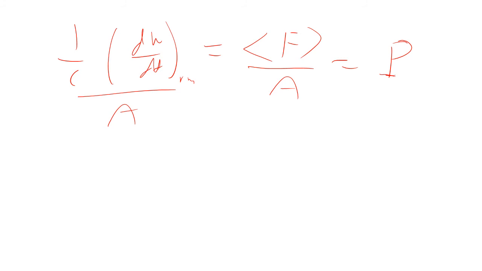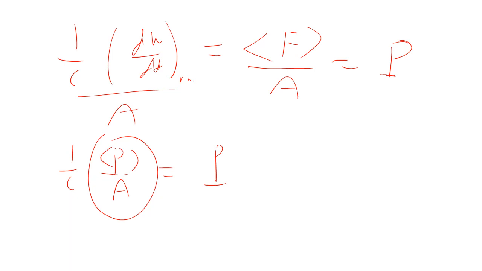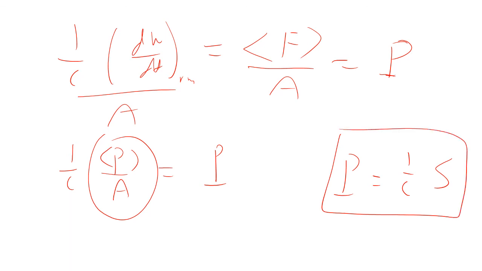We've got P for power, P for pressure, and P for momentum. Well, this is power, so 1 over c, power over area, this average power over area, equals the pressure. Well, average power over area, that's our Poynting vector. So the pressure is going to equal 1 over c times the Poynting vector. And so now we have a derivation for the pressure.